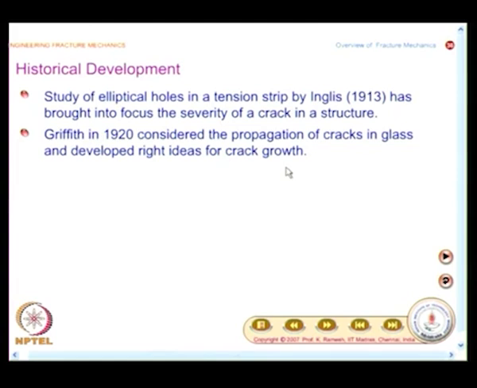This is very important. He was able to penetrate and say Inglis's solution is very important. It alerted that crack is more dangerous, but it provided a logical explanation that you will have structures with cracks.